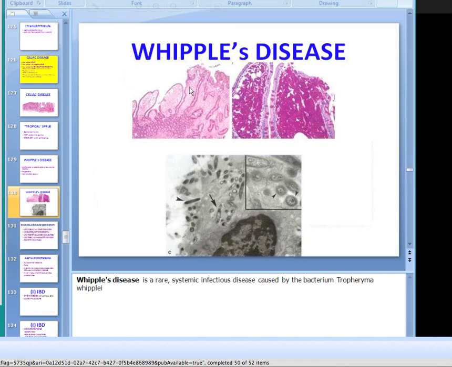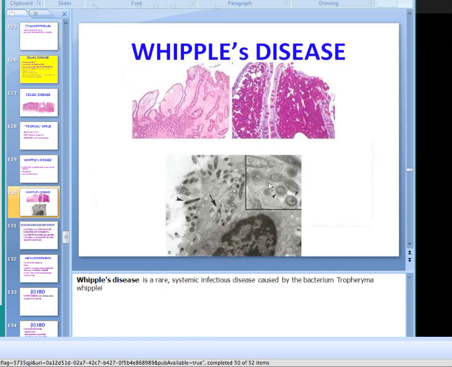I don't know if you have to remember this, but it's classical in pathology that these foamy histiocytes in the lamina propria are loaded with these bacteria, and these bacteria just happen to be strongly PAS positive. So if you do a PAS stain, which stains mucin, like you could see here in the goblet cells, occasional goblet cells are mucin positive.